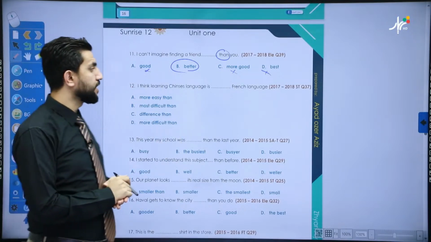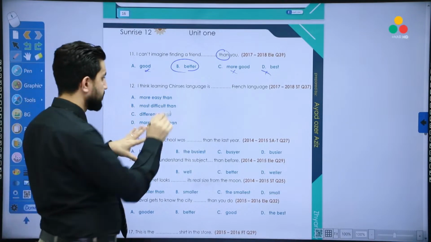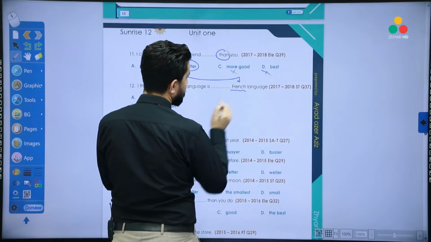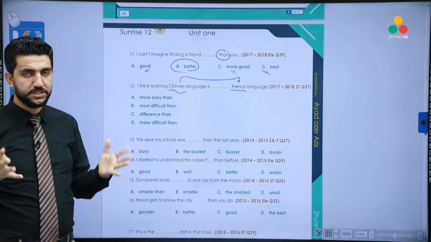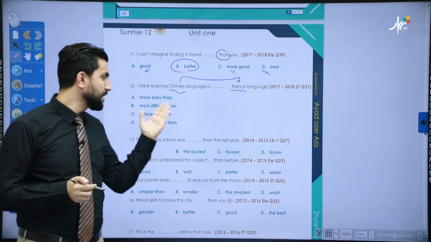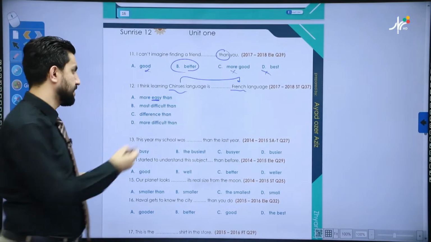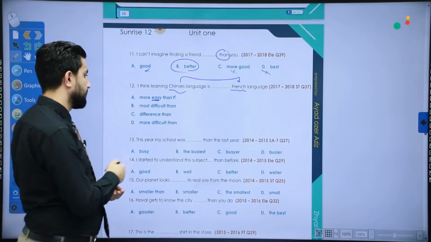Okay, number 12. I think learning Chinese language is French language. Look here: Chinese language and French language. We have two options here, which means it's comparative, comparing two things. More easy than, we don't say more with easy. We say easier. That's wrong. Why? Because it's a one-syllable adjective.